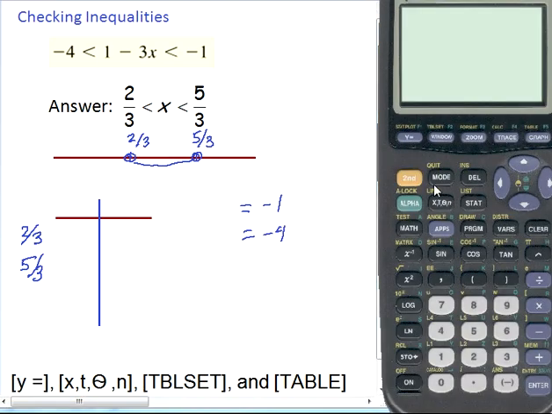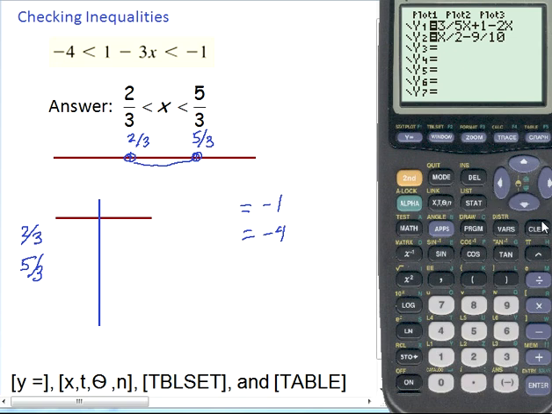Alright, so what we'll do is go to y equals again, turn it on, and we really only have to put in y1 because there's only one expression with x, and it's the one in the middle, and we're just checking the two boundary points.